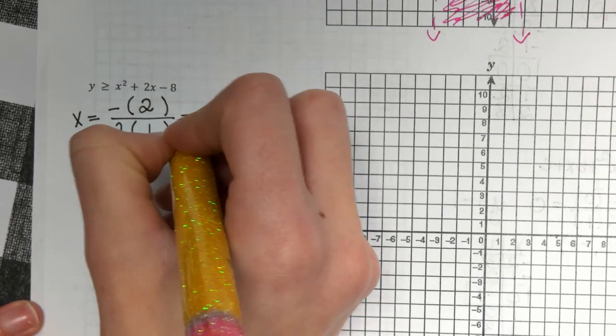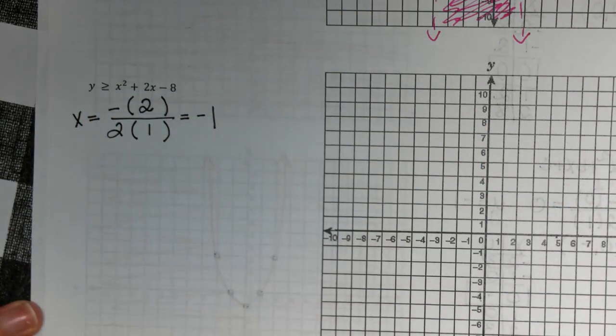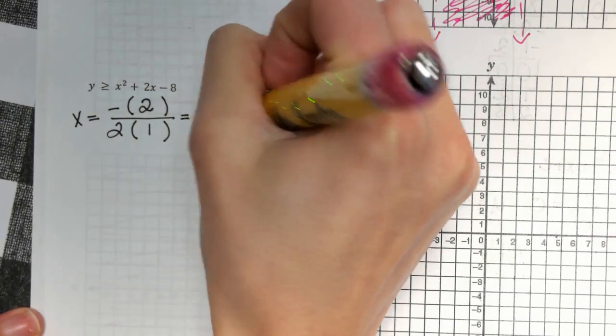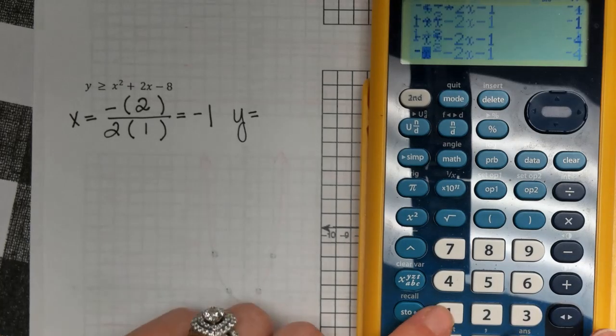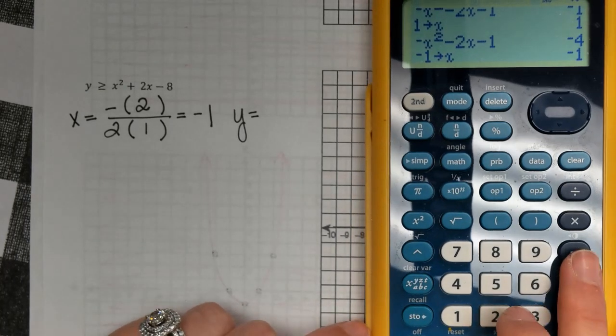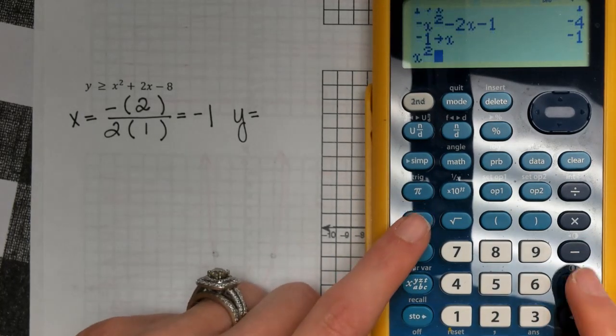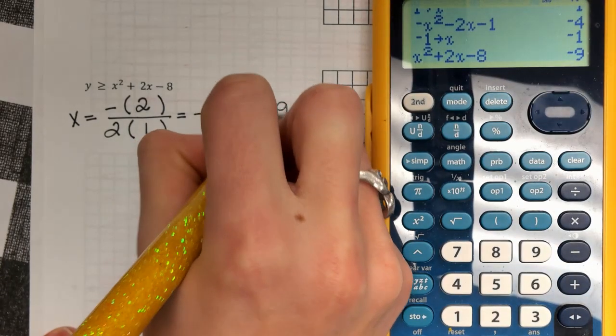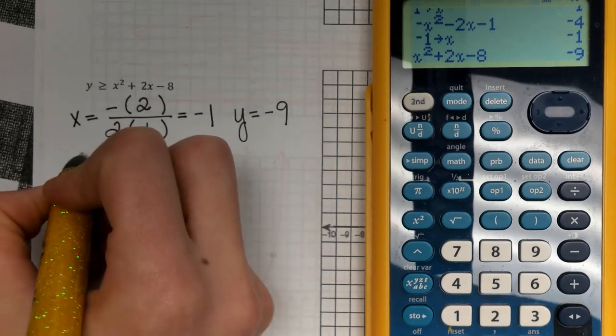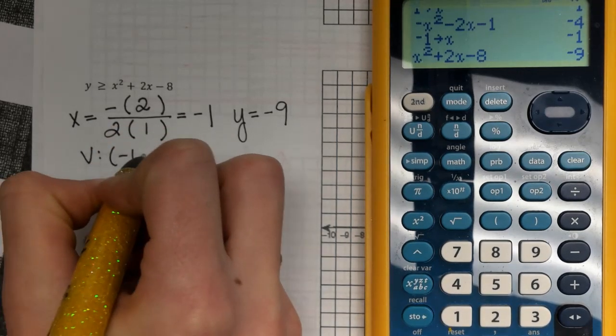So negative 2 divided by 2 is negative 1. Take that negative 1, store it for your x. X squared plus 2x minus 8 should give you a negative 9. So my vertex is negative 1, negative 9.